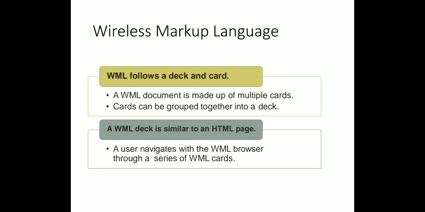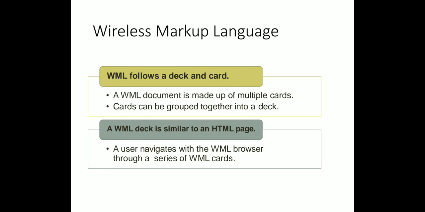It was designed to handle issues like small display size, limited user input capabilities, narrowband network connection with high latency, limited memory and computational processing power. These are some issues that can be overcome with the help of WML. It is based on HTML and is modified so that it can be compared with HTML.